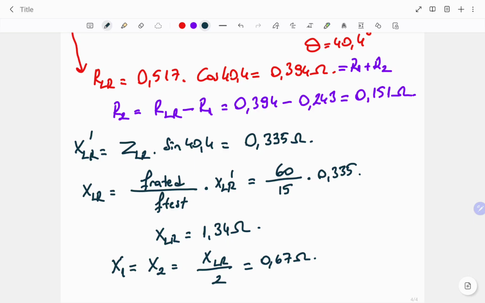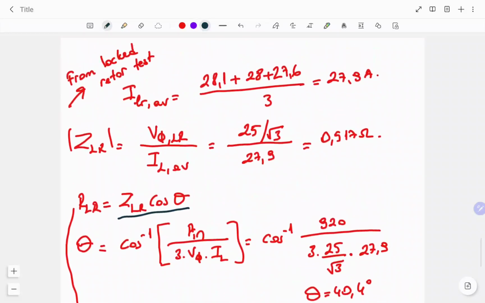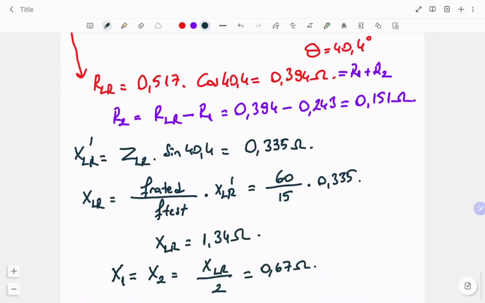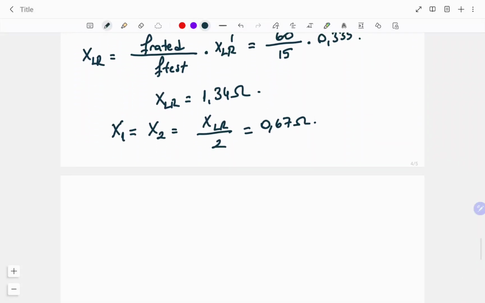Still, we have a missing parameter. What is it? After the no-load test, we calculated X1 plus Xm. Now that we have X1, we can find the Xm value.